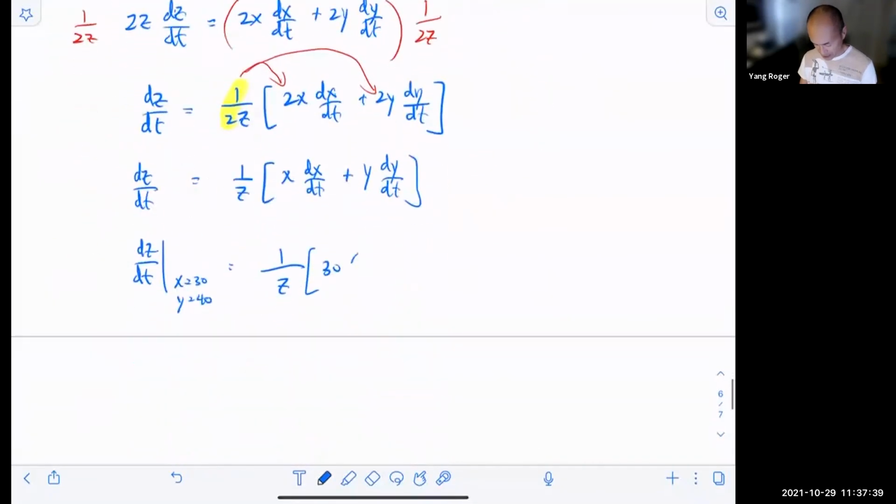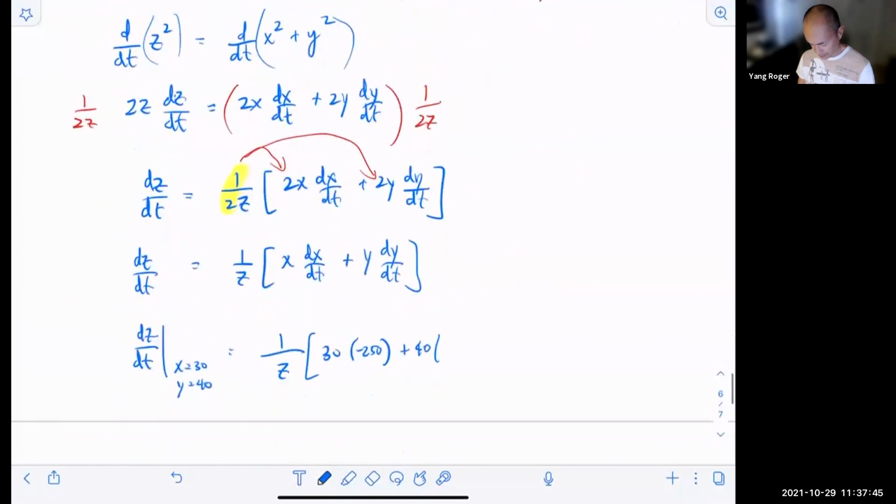Negative 250 plus 40 times negative 300. Now, I almost am done. The problem is I have this z variable.